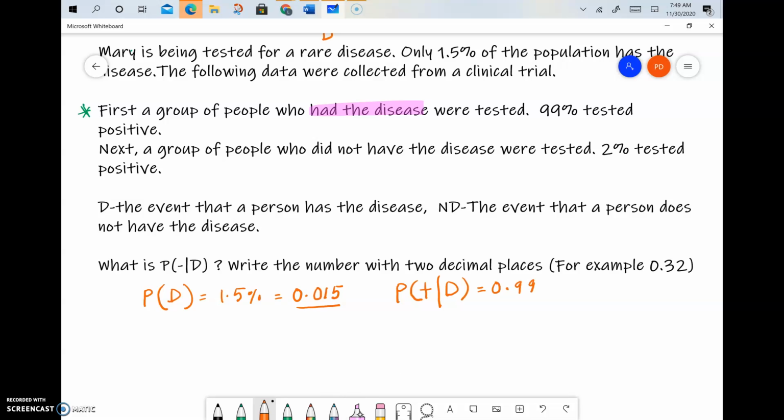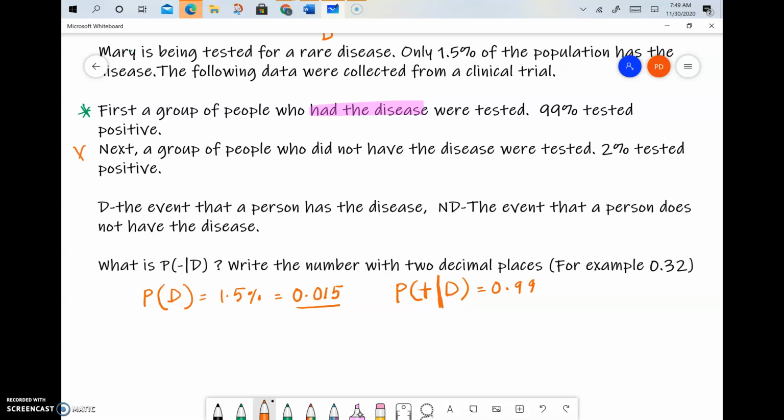Because we are referring to a group of people who have the disease, and then the test was administered on these patients. So 99% of those people tested positive. So 99% is a conditional probability. It's the probability of showing positive within that group, which means given that they have the disease.